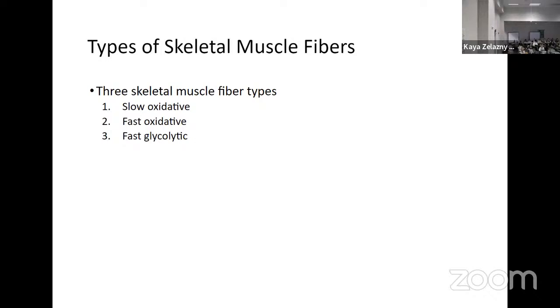If you were to look in any of the named skeletal muscles in your body, you'd have a mix of actually 3 different types of fiber that are mixing together those 2 separate types of classification. So if we say we have a slow oxidative fiber, what we're saying is it has that slow form of the myosin, and it's relying on oxidative phosphorylation in order to produce ATP.